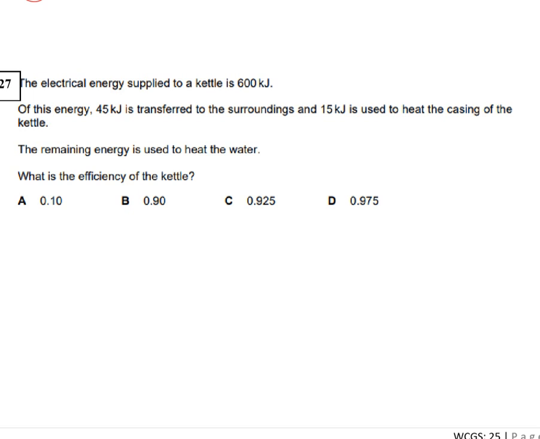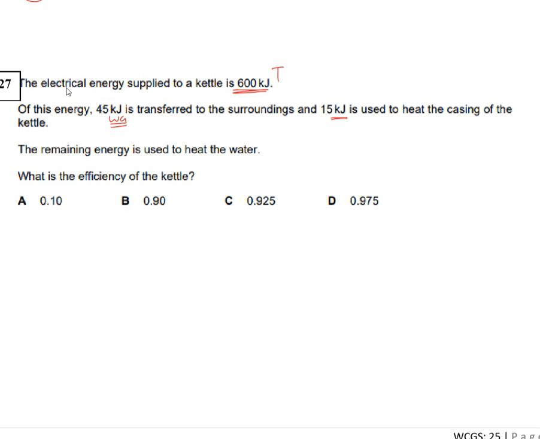Okay, energy supply is this much. So this is the total energy. Out of this energy, this is transferred to the surroundings, so this is waste. This is used to heat the casing, and it's also waste. The remaining energy is used to heat the water. What's the efficiency? Oh my god.